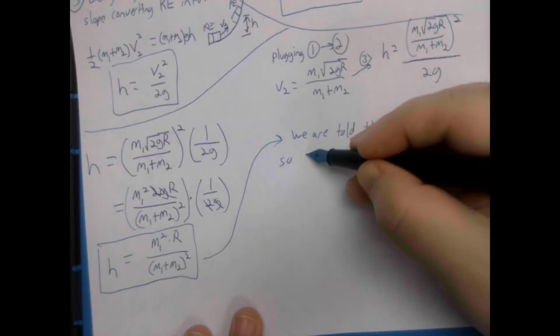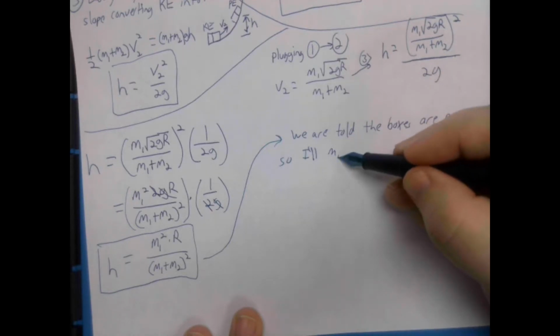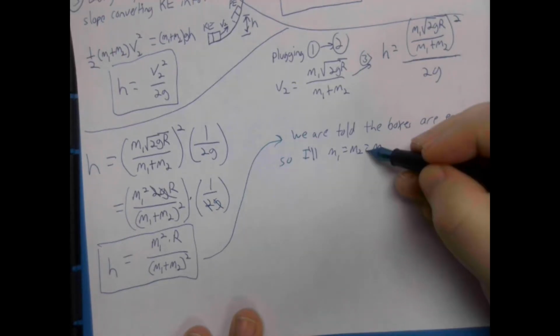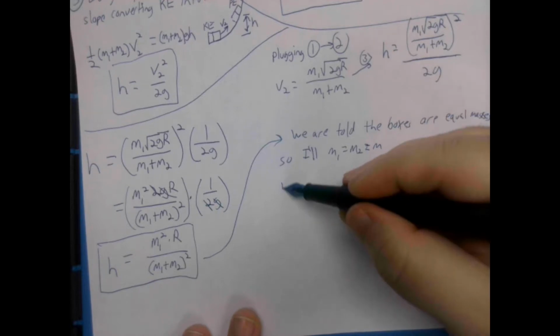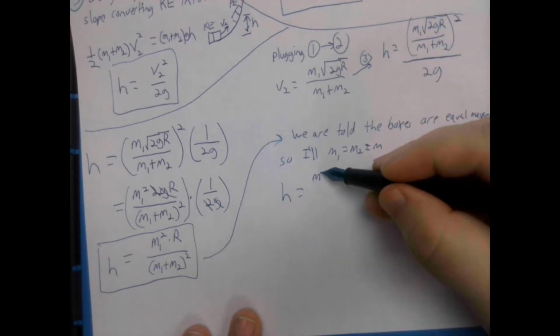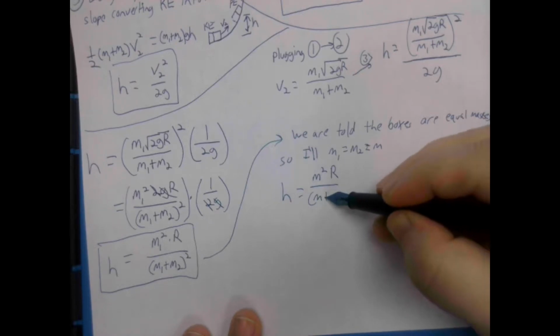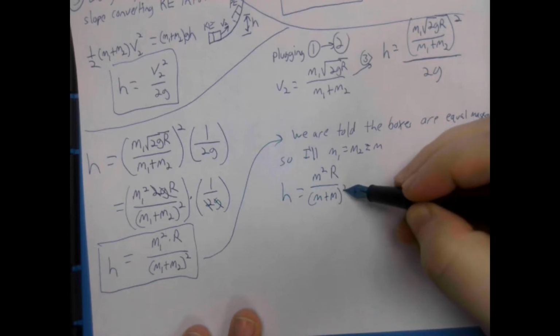So I'll let m1 equal m2 and equal to some m. So we get h is equal to m squared times r divided by m plus m squared.